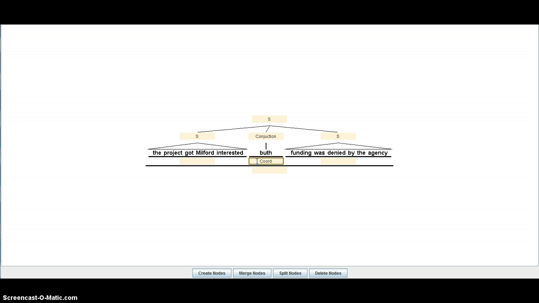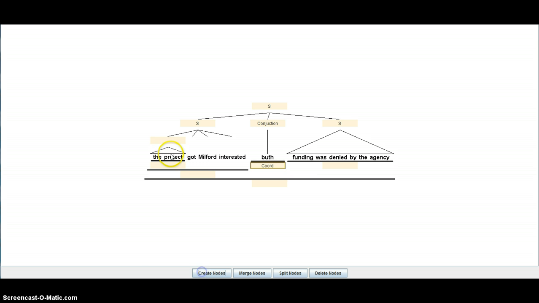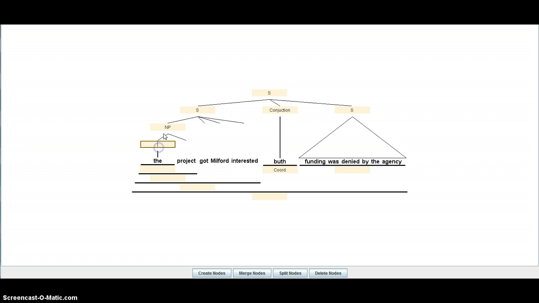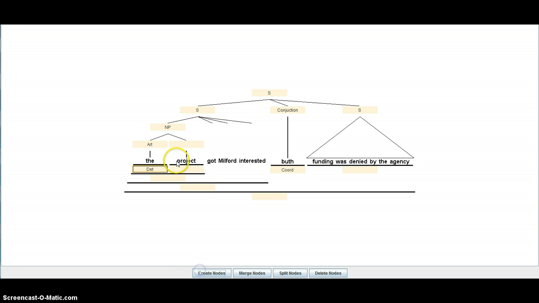So the first sentence, let's elaborate that. The project is an NP. The article determiner, project, is the NP.